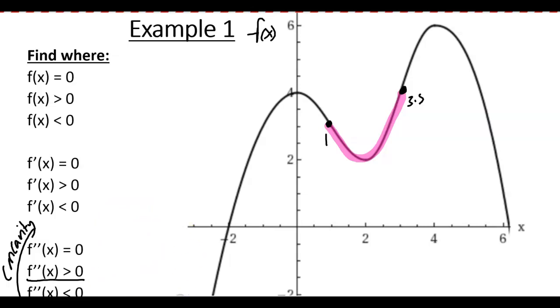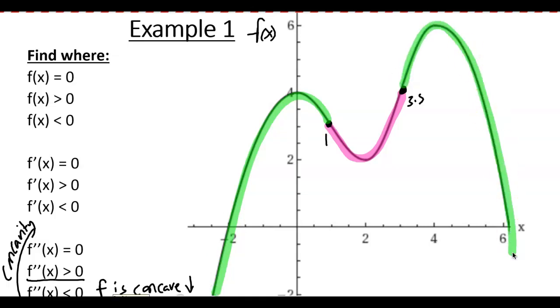The next one is asking, where is f double prime less than 0? Well, that would mean that f is concave down. And we've already kind of seen that a little bit earlier when I was making my explanations, but I would say that would be from here to here, then from the halfway point of the peaks and onward.